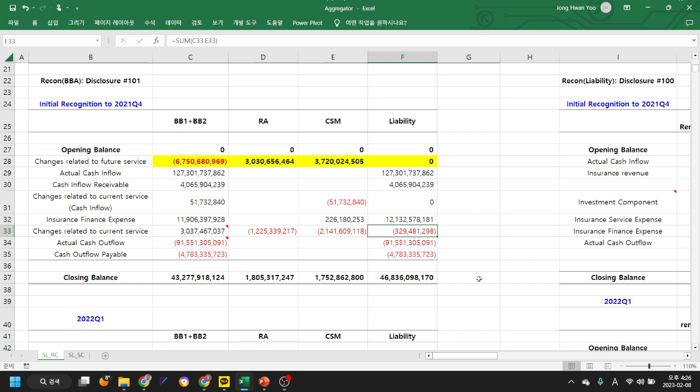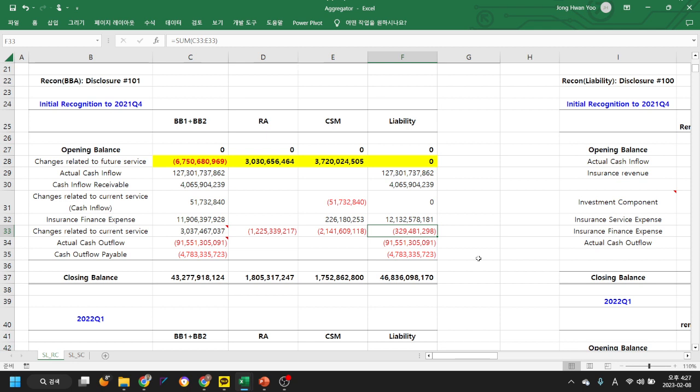And this is it. Some of the experience adjustment and estimate adjustment is going to be reflected on the CSM.